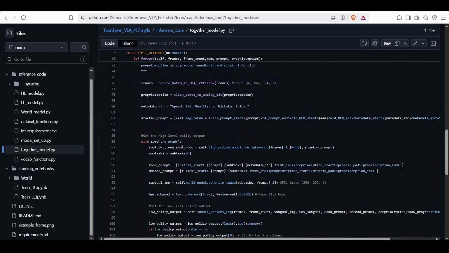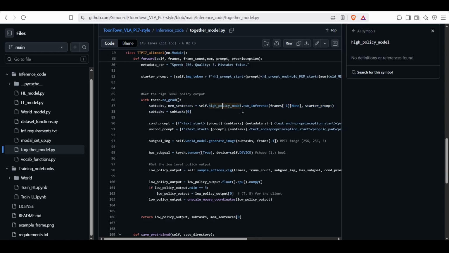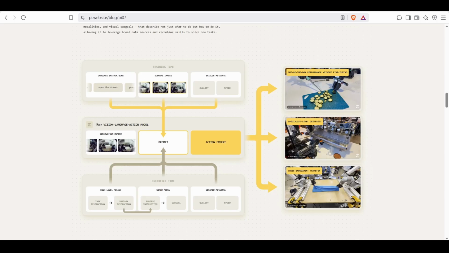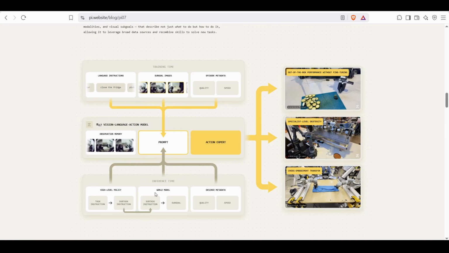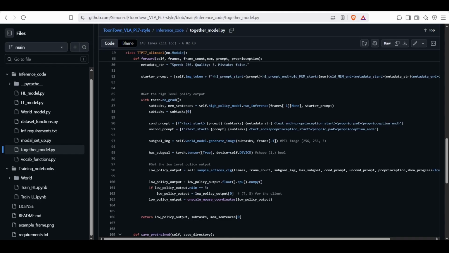If we scroll down, you can see that I just had it generate the subtask from the high level model. I'm following pretty much this inference time process: get the task, generate the subtask, send the subtask through the world model to get the subgoal image, throw all that into the prompt, and then generate actions from it.